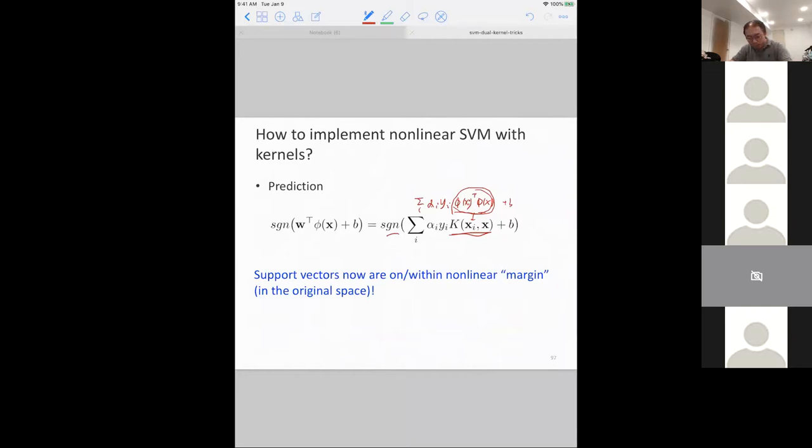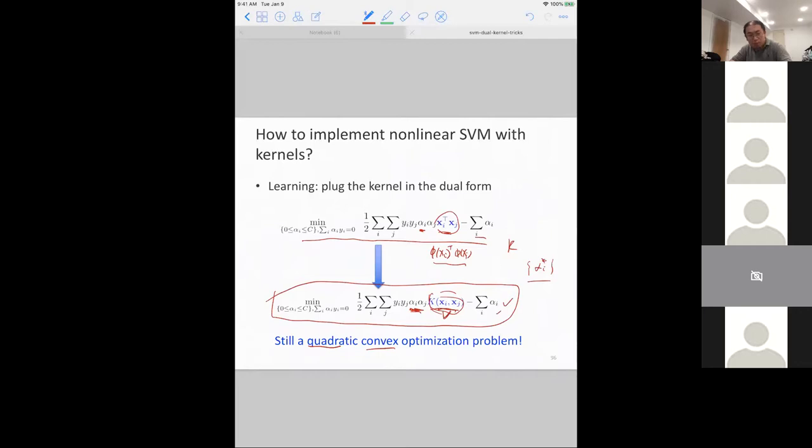Is the solution for the dual SVM equal to the solution for the kernel version in the previous slide? I mean, if we find alpha stars for the second one, a quadratic convex optimization problem, do they also satisfy the first one, the dual form?